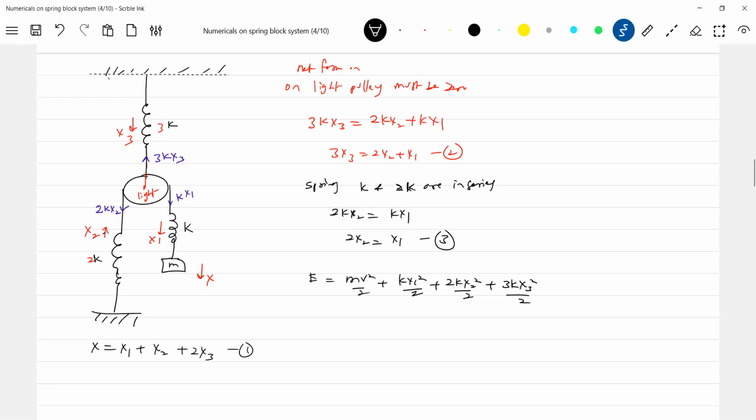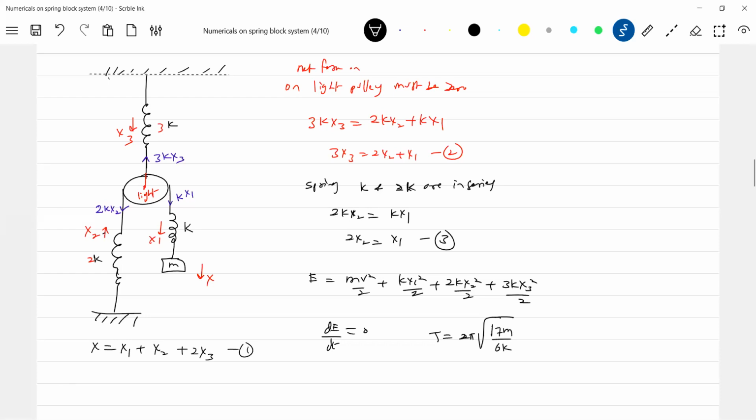Solving x1, x2, x3 in terms of this, then differentiating and equating to 0, we'll get the time period. I do have the answer. Check it later on.